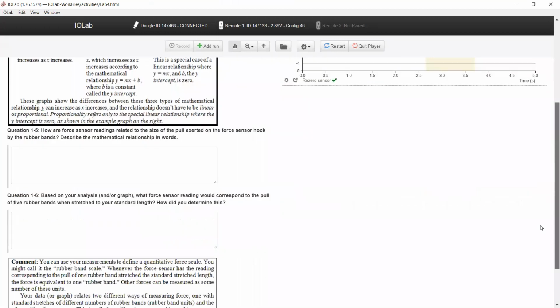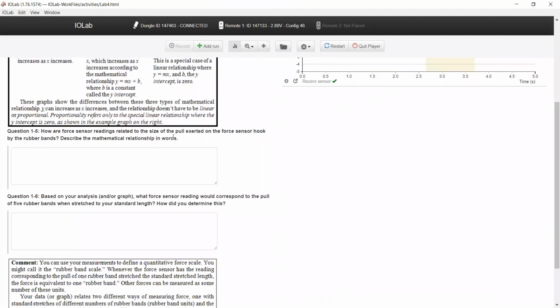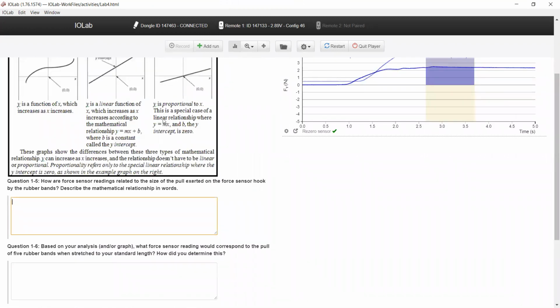Okay. So how is the percent reading related to the size of the pull exerted on the force sensor hook of the rubber band? If you have more rubbers, there will be more force. Yeah, we have already seen, but you go ahead and make your analysis based on the graph. What sensor reading will correspond to the pull of 5 rubber bands? We did up to 3. We were able to make an equation: force equals some constant slope times the number of rubber bands.